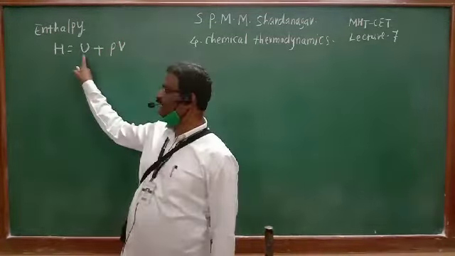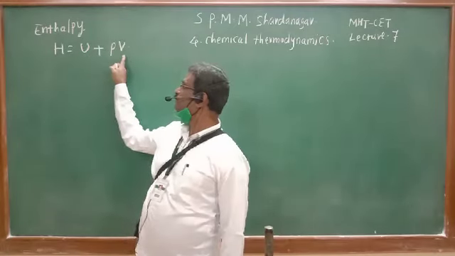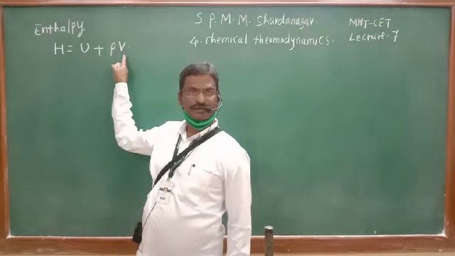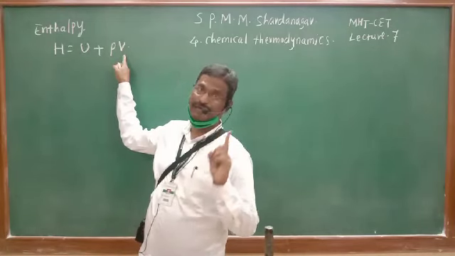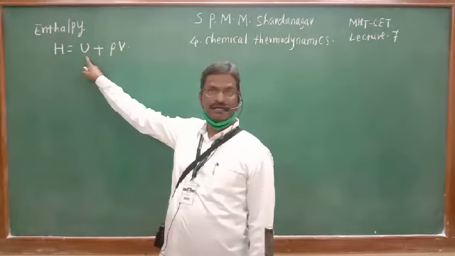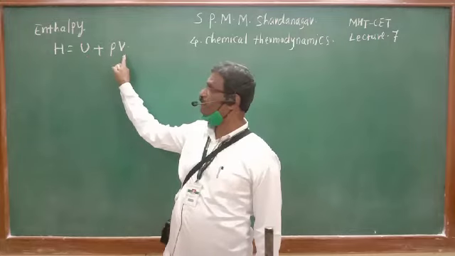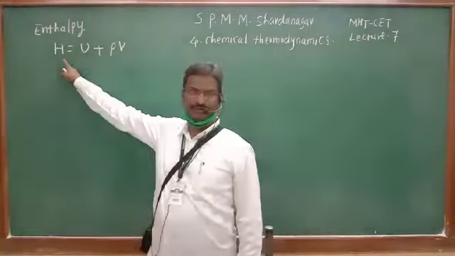we know that U is the internal energy of the system, and PV is also energy available to do PV type of work. The summation of internal energy and PV type of energy is known as enthalpy.